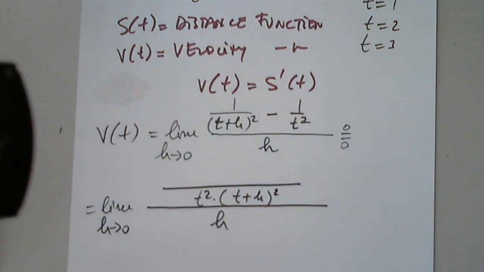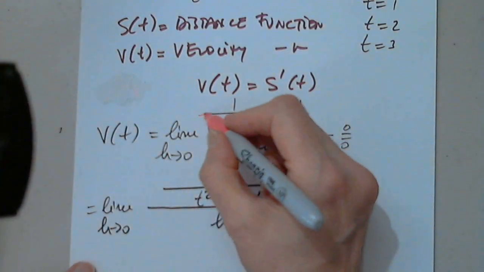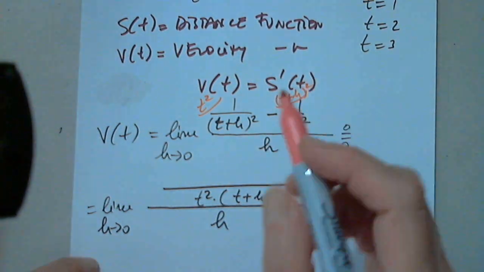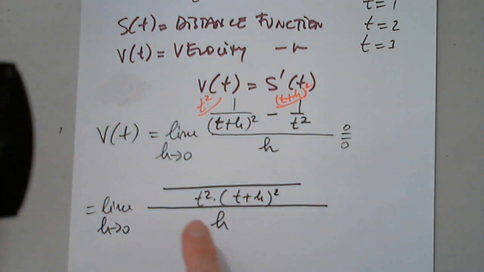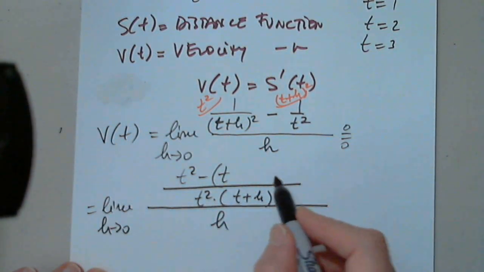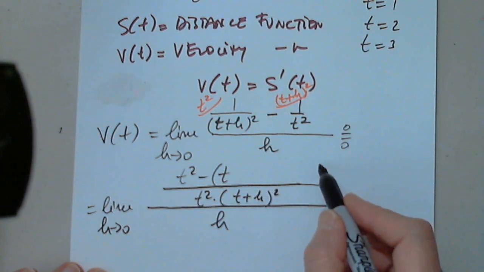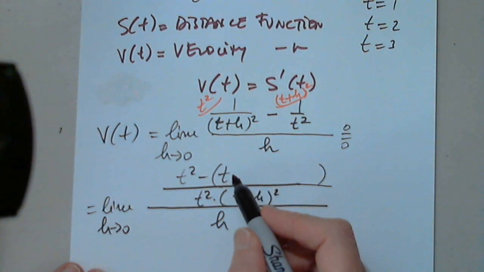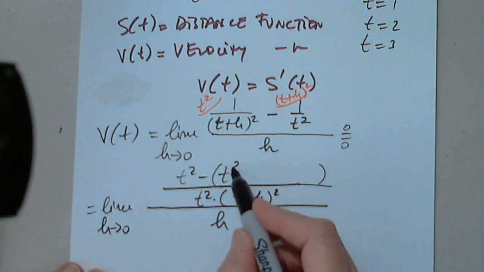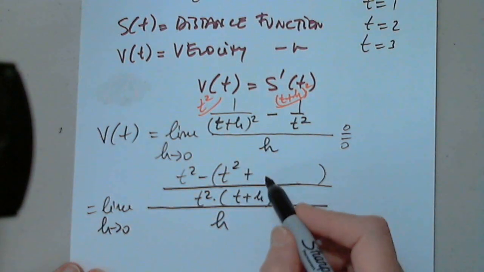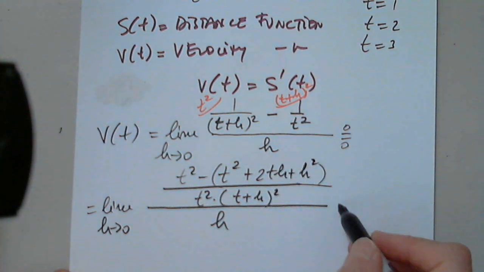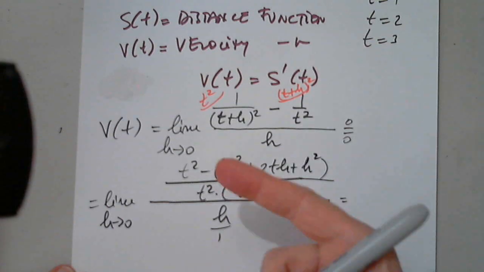Good. That's perfect. So now this needs a t squared, and this one needs a t plus h everything squared. Perfect. So then t squared minus, can anyone give us this squared? T to the second power, yes? 2th. Awesome. And plus h squared. Remember, this is over 1. I have to flip it.